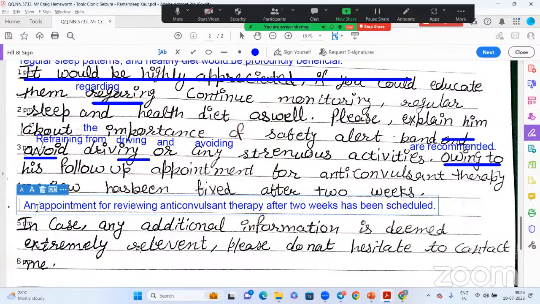Okay, here you can say a follow-up appointment. A follow-up appointment for reviewing anticonvulsant therapy after 2 weeks has been scheduled.